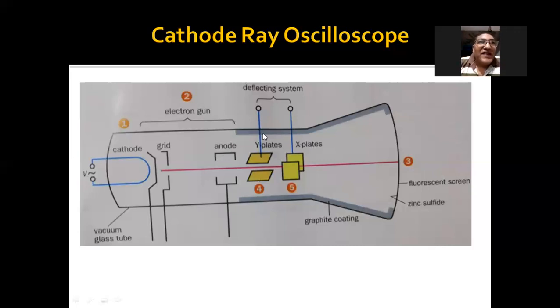Here we have two plates. We call them deflecting plates. These are called Y plates, and these two are called X plates.